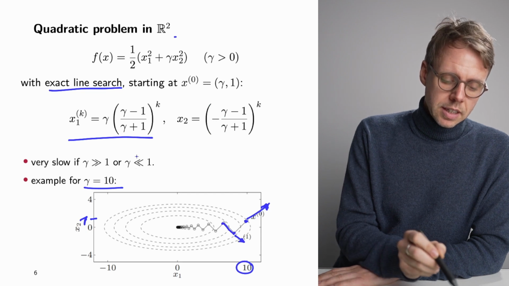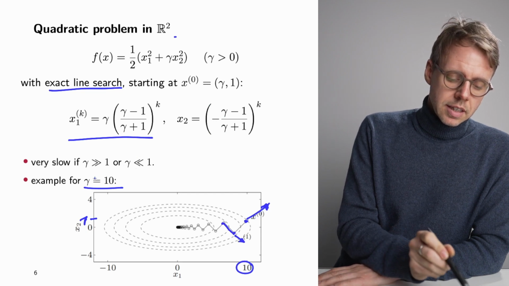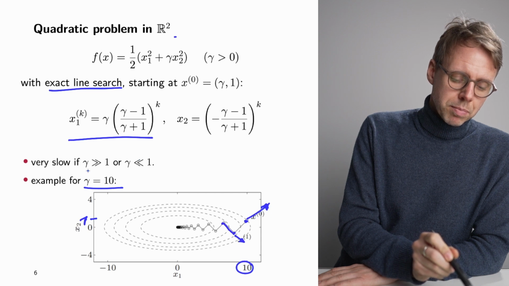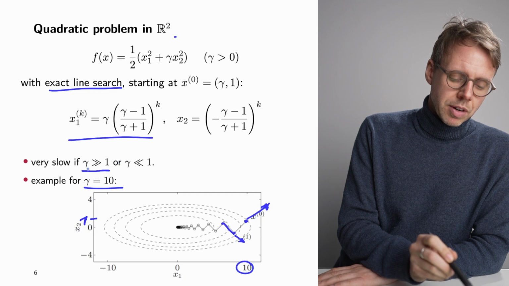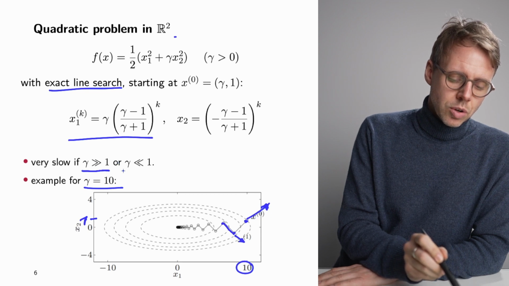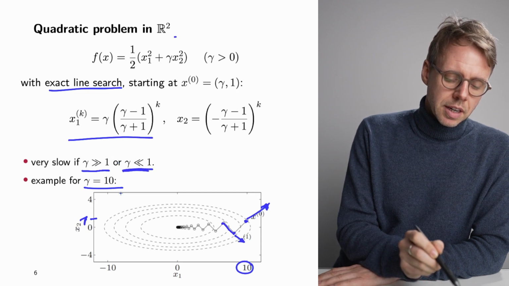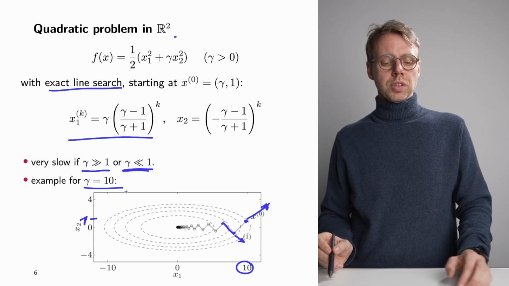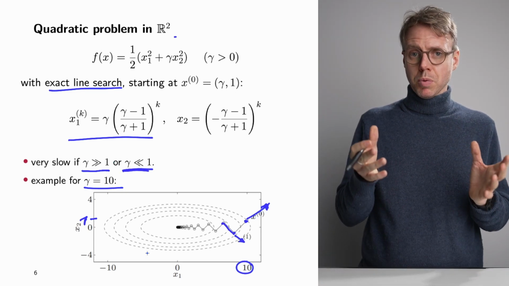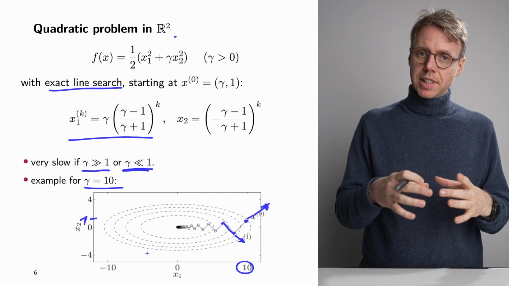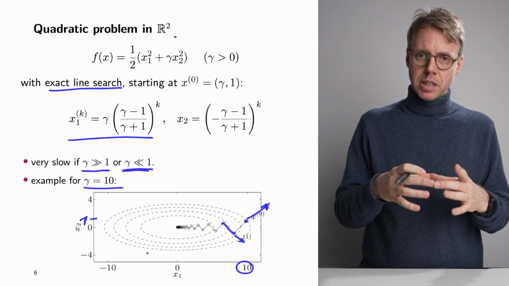And we see that this method would be very slow for very large gamma or for gamma much smaller than 1, close to 0. So for gamma equal to 1, the level sets of this function would just be circles.